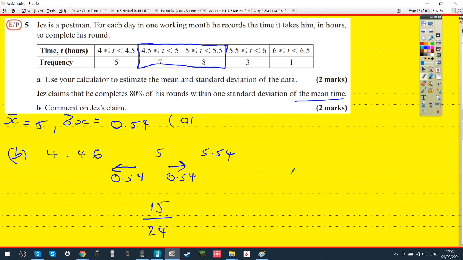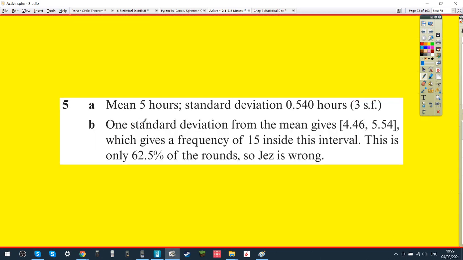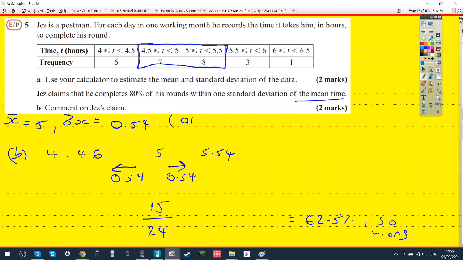And what is that as a percentage? Well, I got 62.5. So he's incorrect. If it's within 1 standard deviation of the mean, then it's the mean plus or minus 1 standard deviation. So it's between 4.46 and 5.54, which was 15 out of the 24 in total.